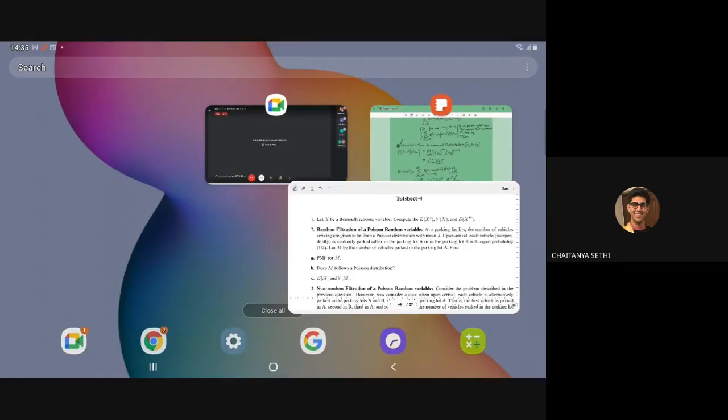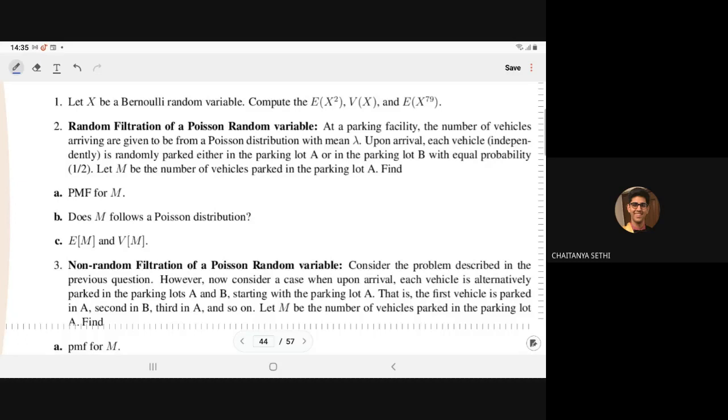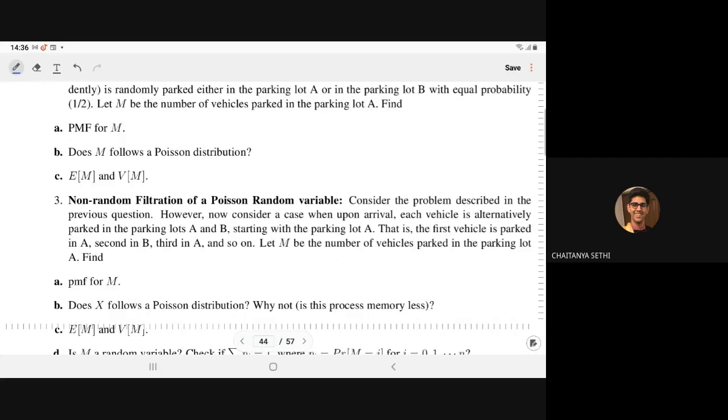Now in question number 3, consider the problem described in the previous question. The same problem we are taking, meaning vehicles are arriving following the Poisson distribution with parameter lambda.